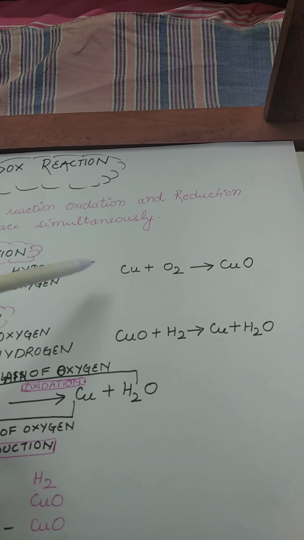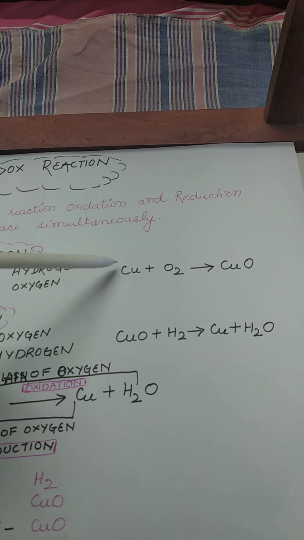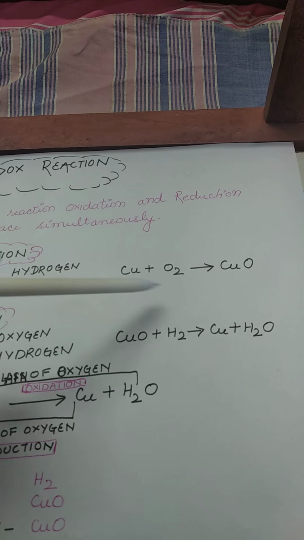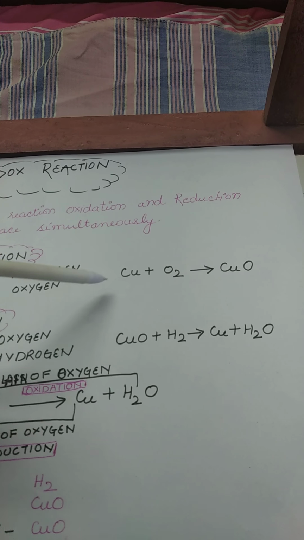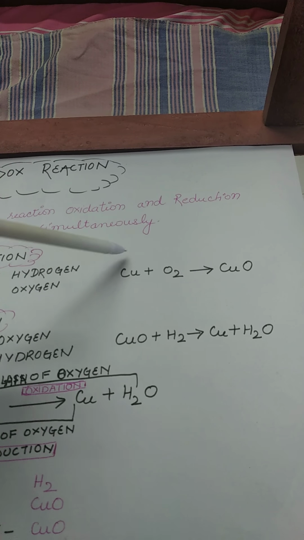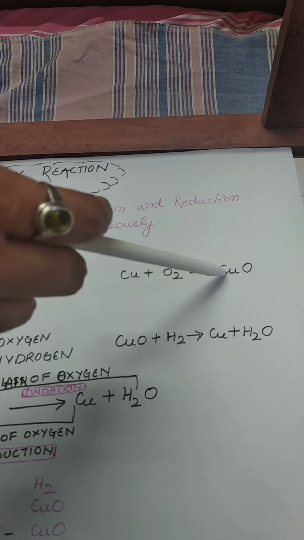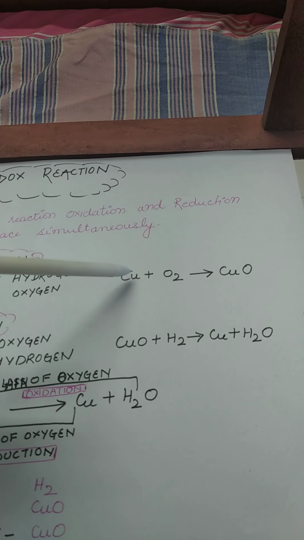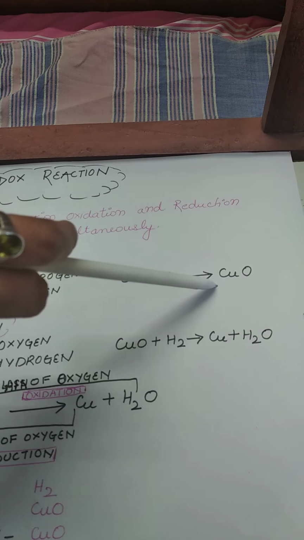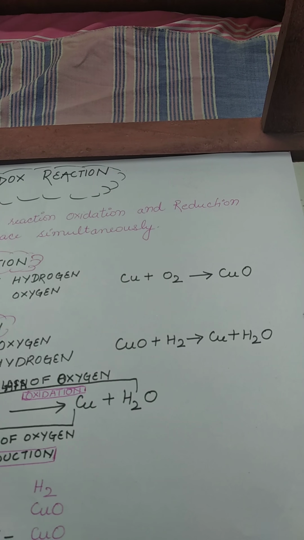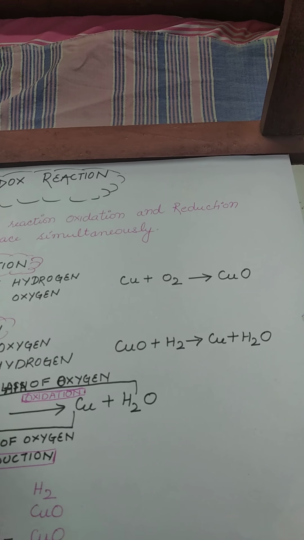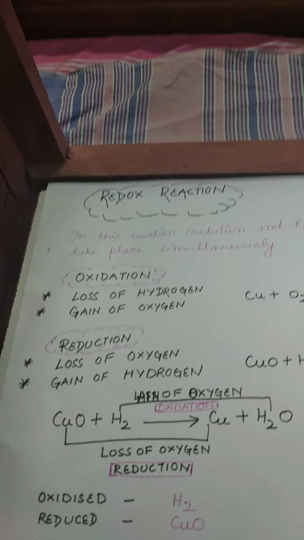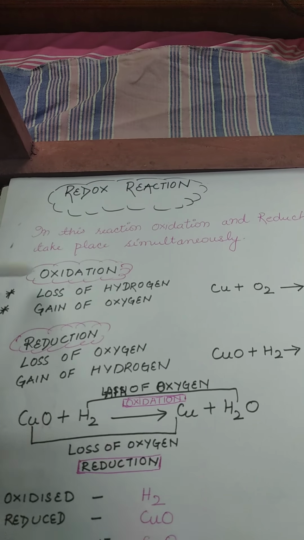Now here you can see that in case of reactant Cu, there is no oxygen, but in product there is addition of oxygen. So Cu changes to CuO. There is addition of O in case of Cu. Those reactions are called oxidation reactions. Oxidation means addition of oxygen.